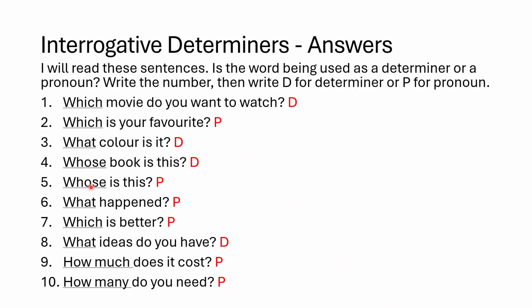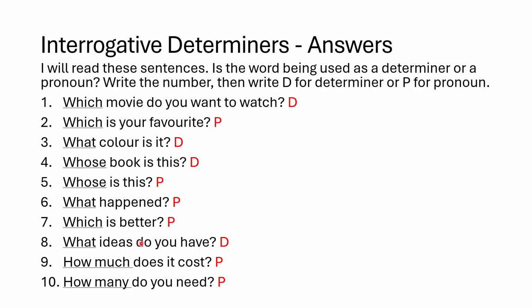5. Whose is this? Whose is being used as a pronoun. 6. What happened? What is being used as a pronoun. 7. Which is better? Which is being used as a pronoun. 8.